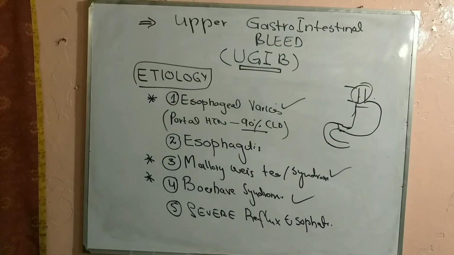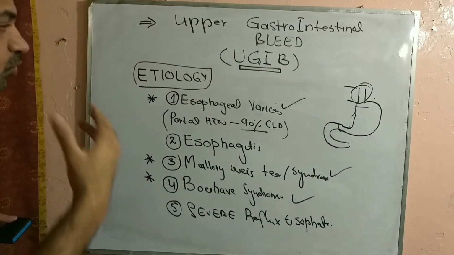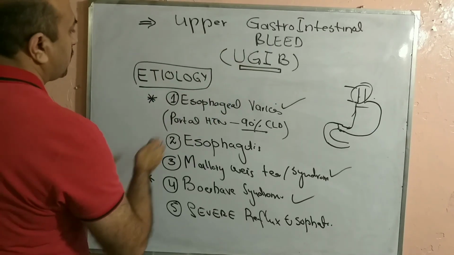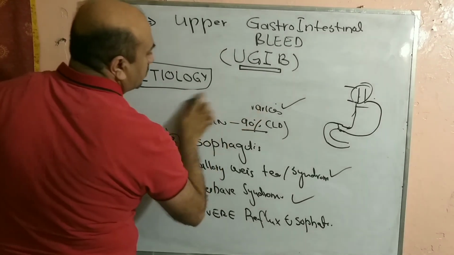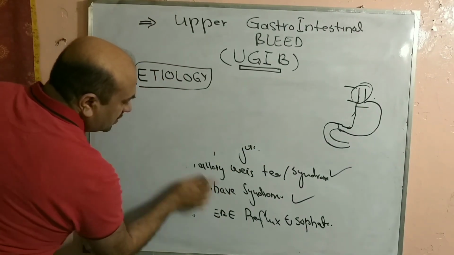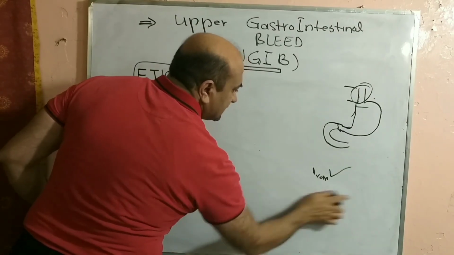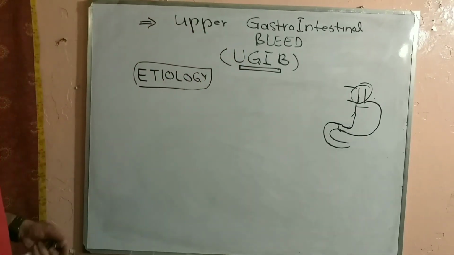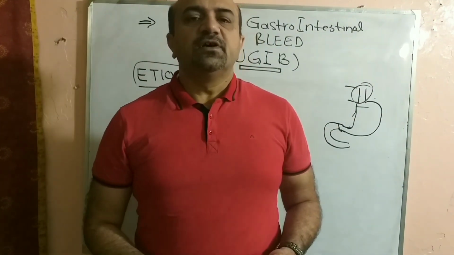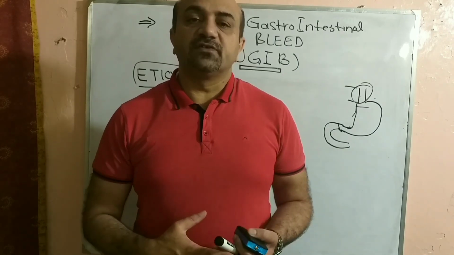from the esophagus. Then comes the down part, that is the stomach. So what are those causes which can be a reason of upper GIT bleed from the stomach? Now let's talk about the causes in the stomach. So when we talk about the causes in the stomach, then we shouldn't forget the role of two or three major things.